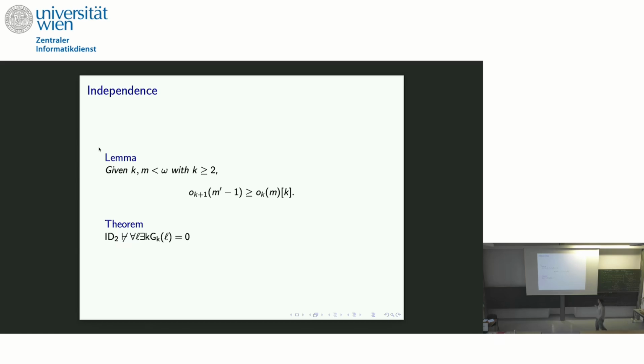Since we have time, I'll give just one case of how this is done. Say that M is equal to H omega K. I need to check that OK plus 1 of H omega K plus 1, this is M prime minus 1, is bigger or equal to H OK of H omega K. This is what I need to show.